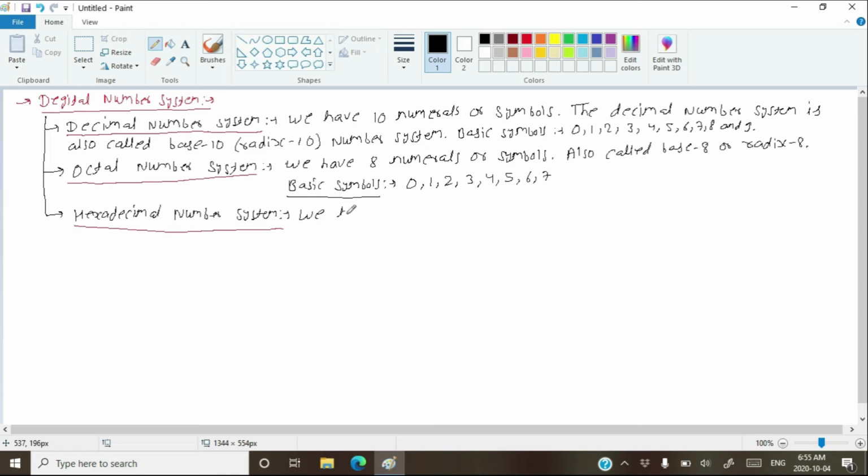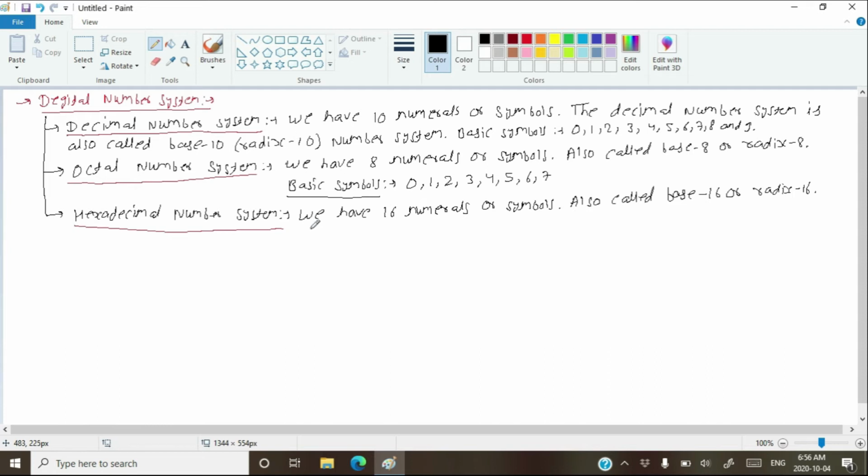We have a total of 16 numerals or symbols used in the hexadecimal number system. The hexadecimal number system is also called base 16 or radix 16 number system.